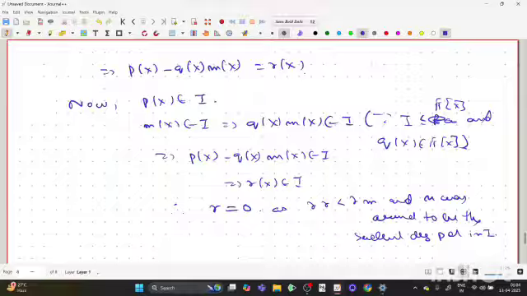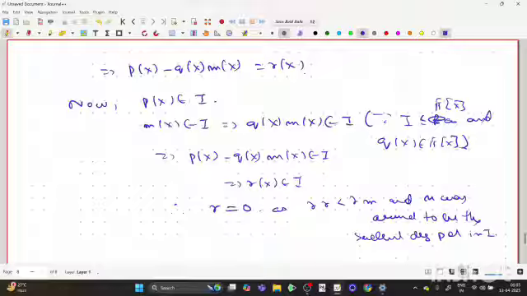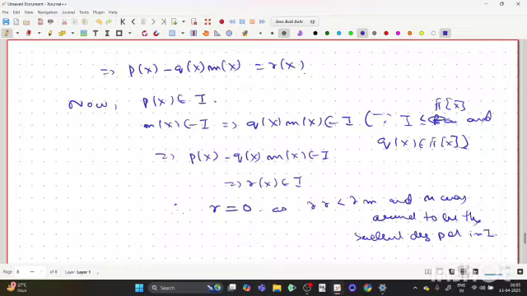Whenever we are talking about polynomials, there is always a background assumption that it's a non-zero polynomial. If it is a zero polynomial, then what is the point of talking about that? So if r is a non-zero polynomial, then it cannot be in I because m is the smallest degree polynomial in I. So the only possibility for r to exist in I, because r will surely exist in I, is that r is exactly equal to 0, right?